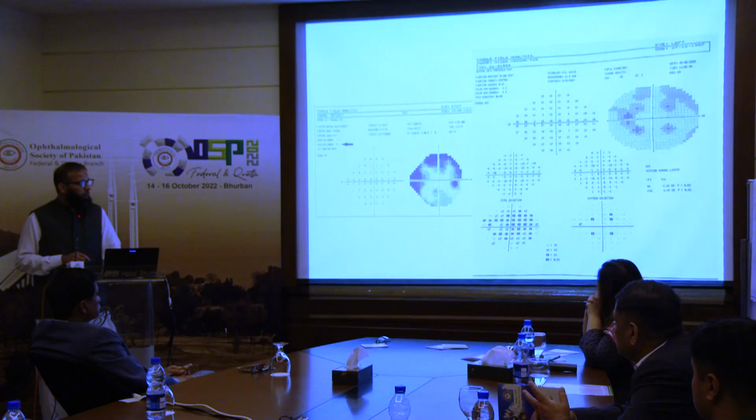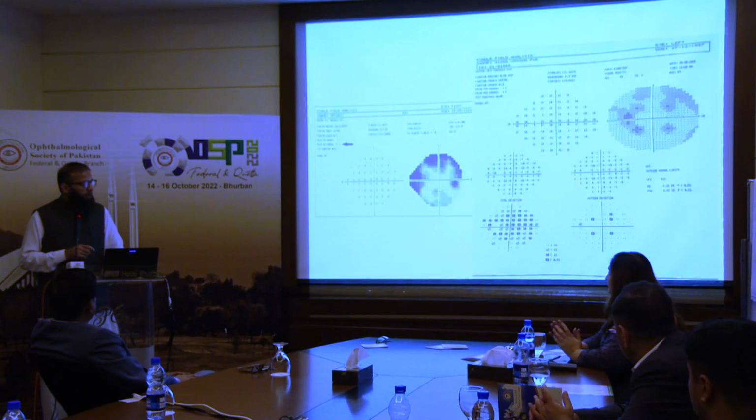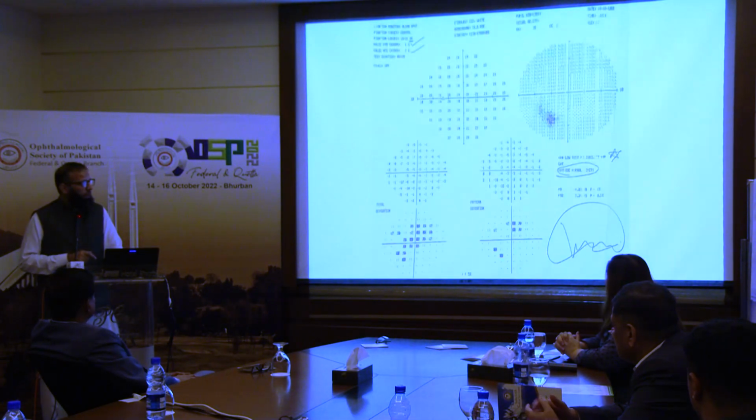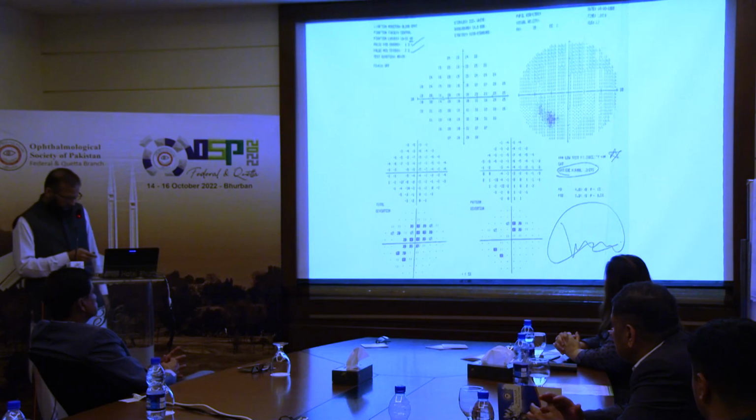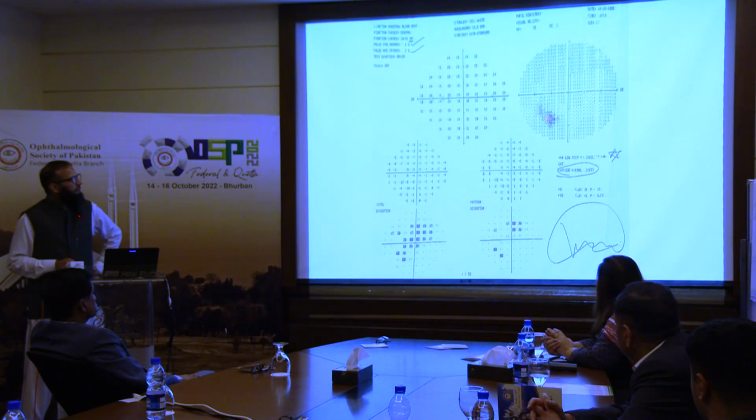You also have to tell the perimetrist what information was lacking when telling the patient how to perform the test. This is the last test, in which we see that there is a dark spot here similar to the blind spot, and see what the test is suggesting.